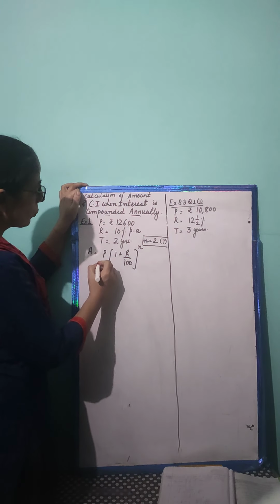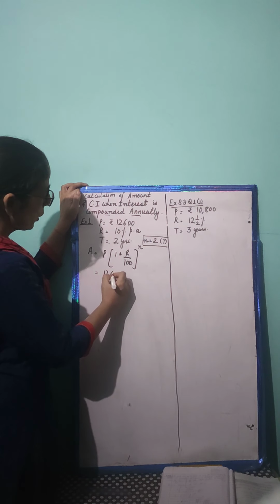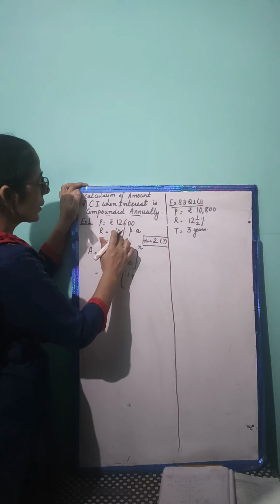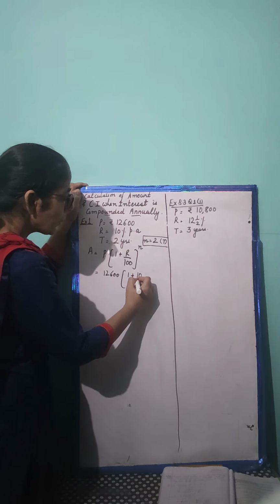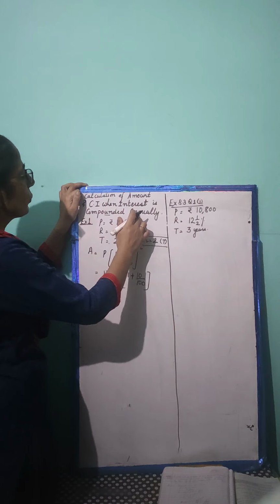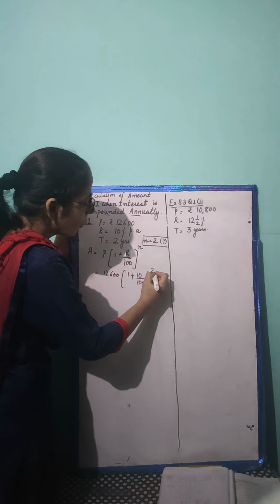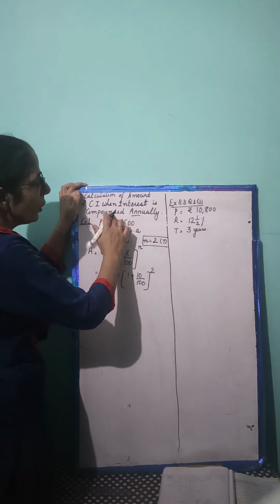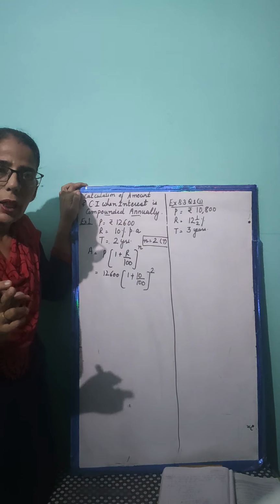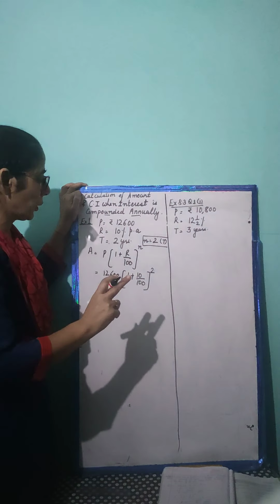So amount will be equal to principal. I am just putting the values: 12,600, 1 plus rate, which is given to be 10%, so 10 upon 100, because we have deposited the money for 2 years, so the power will be 2, because interest is compounded annually and we are going to receive the total amount after the end of 2 years.